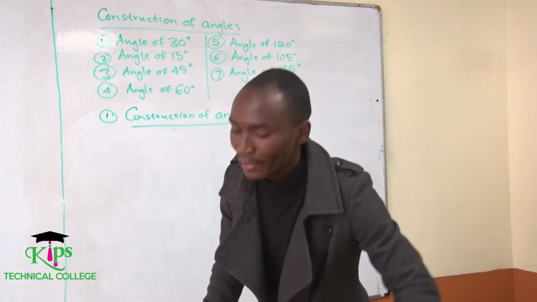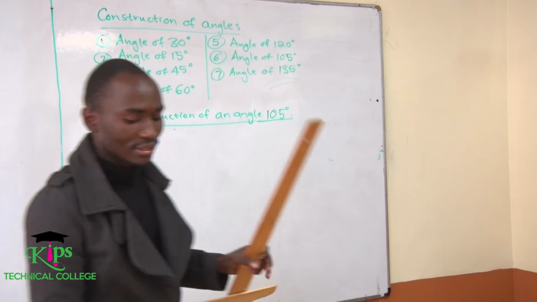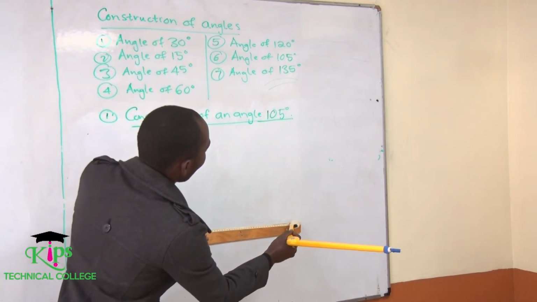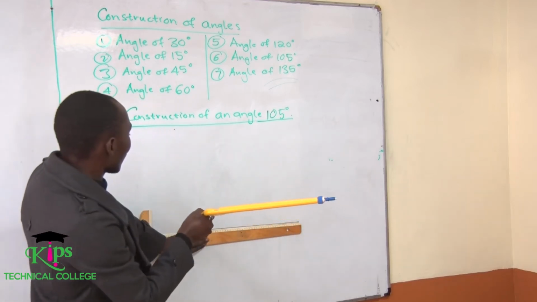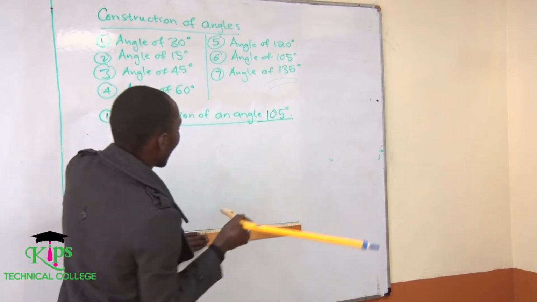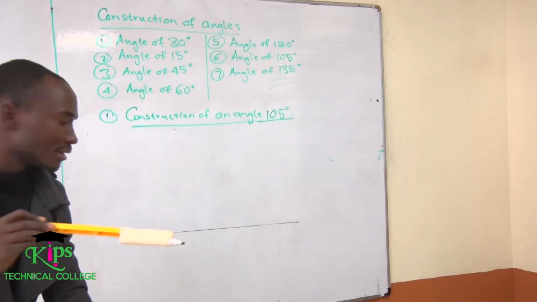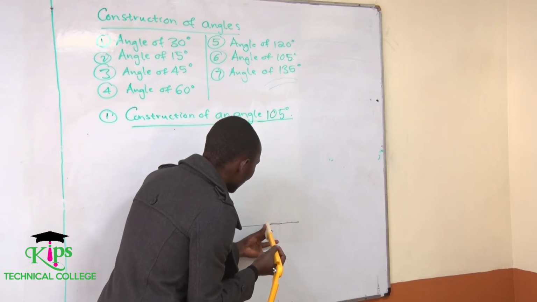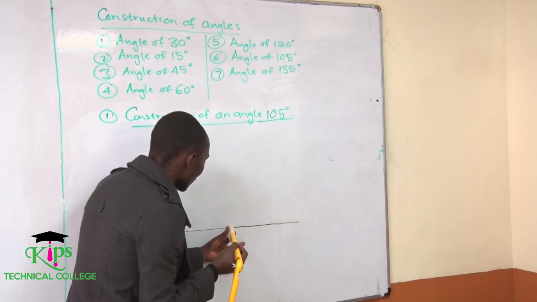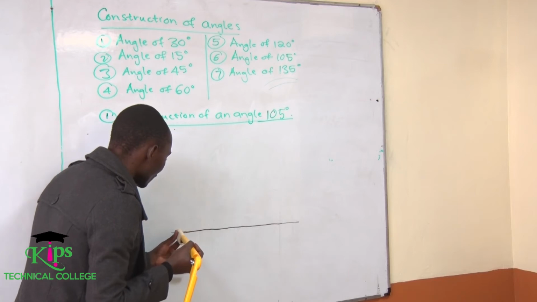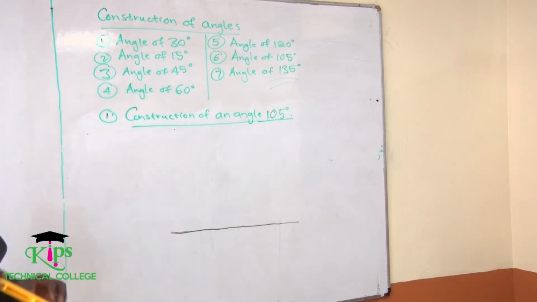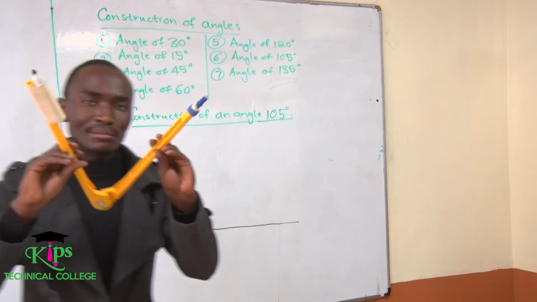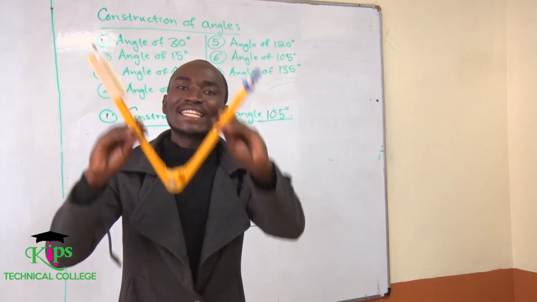First of all, I will take up my ruler like this. Then I will stand here and draw a line. So this is my line. Again, let me assume my line is something like 60 millimeters.